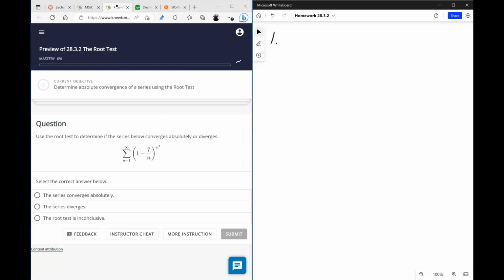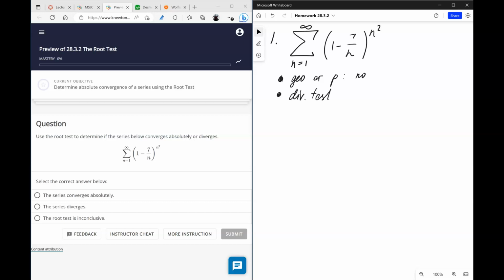So the first question here is to analyze the convergence of the given series. Normally we would try to see if it's a geometric or p-series first, and then we would try to set up the divergence test.